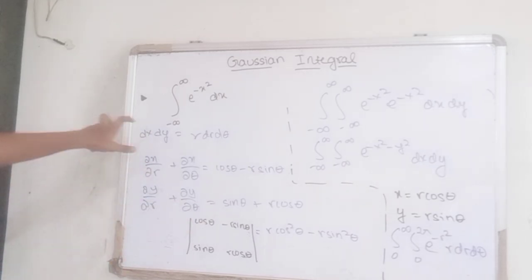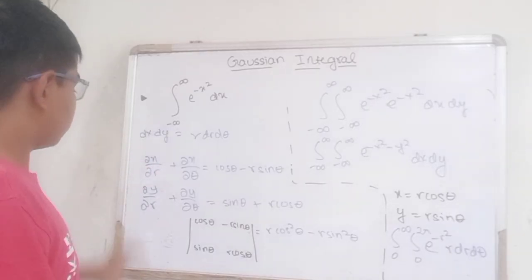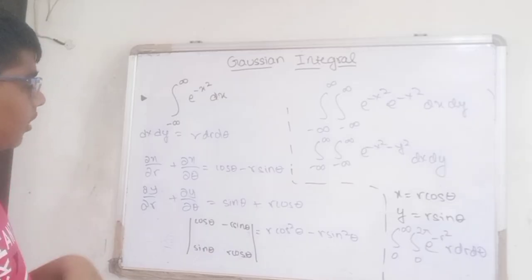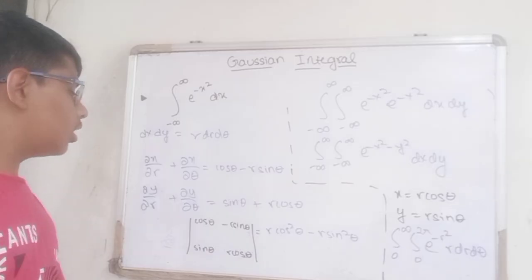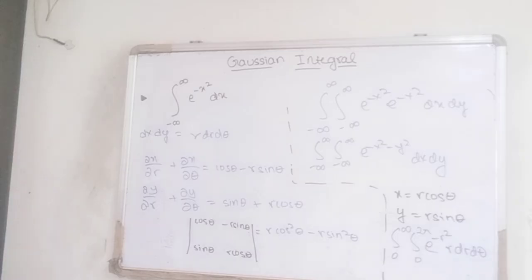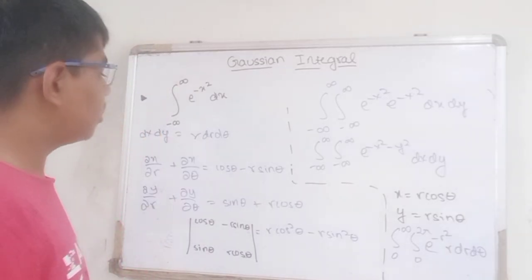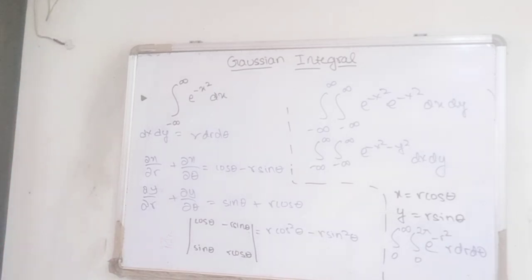We have dx dy, we have r dr d theta, and then we have the matrices. If I add them up, we get r plus 1 cos theta minus r plus 1 sin theta, which is nothing. Let me check once again.